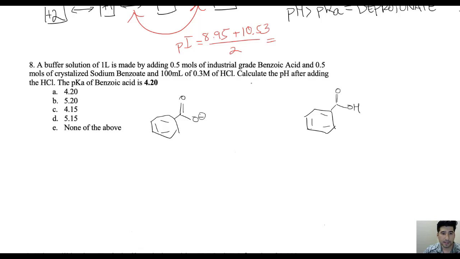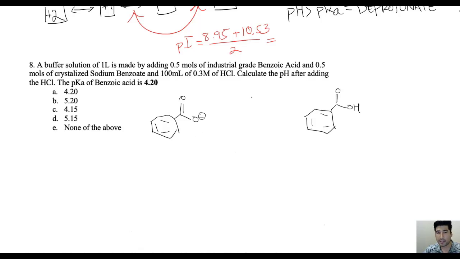All right. So we have a solution, and it's a buffer solution. And we know this because we have the conjugate base and the acid. And so it's made by adding this many moles of benzoic acid and this many moles of sodium benzoate and 100 milliliters of 0.3 molar hydrochloric acid.